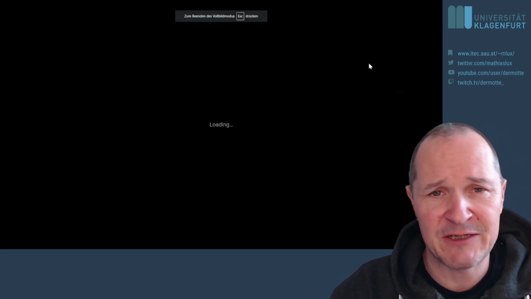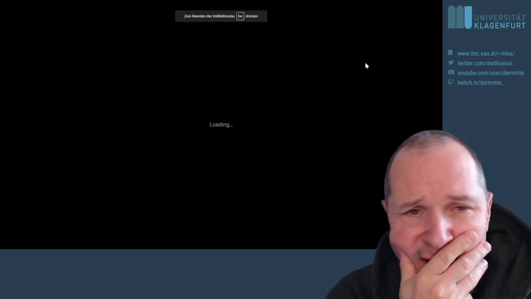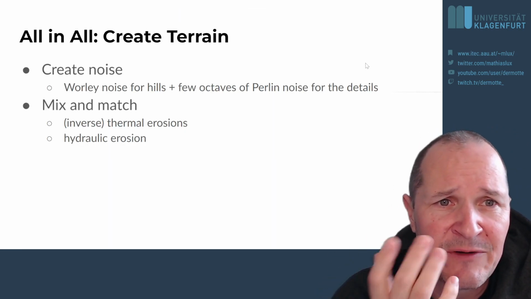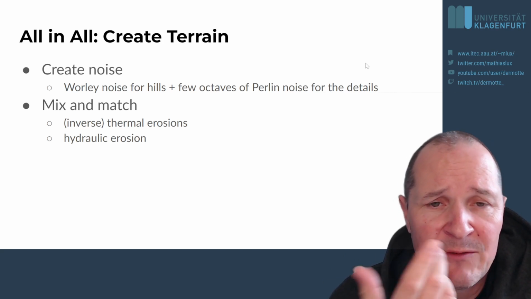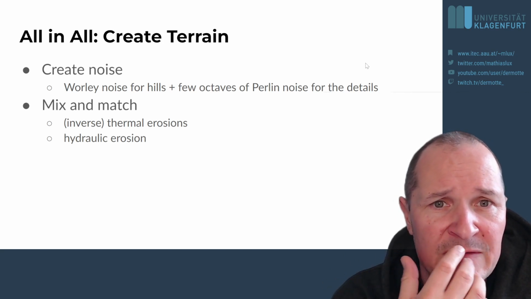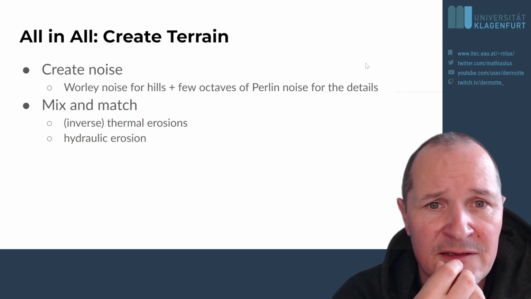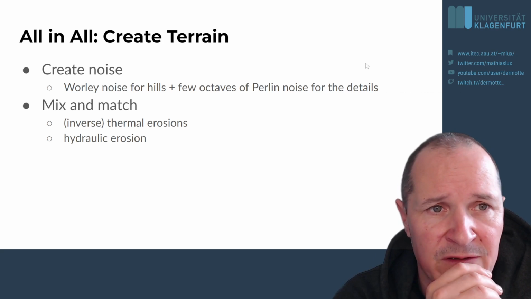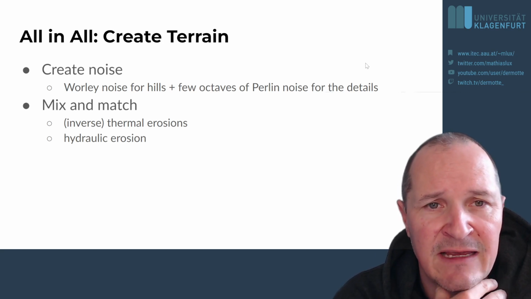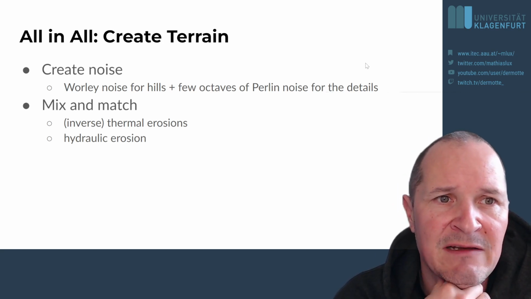Yeah, so how to actually create terrain? Terrain you typically create by noise. Depending on what you want to do, Worley noise, of course, makes very nice hills. So if you want to have like 7-8 hills, then you know how to configure the Worley noise for that. And then just add a few octaves of Perlin noise for the details.